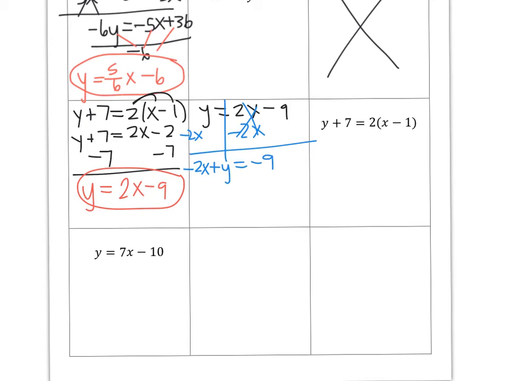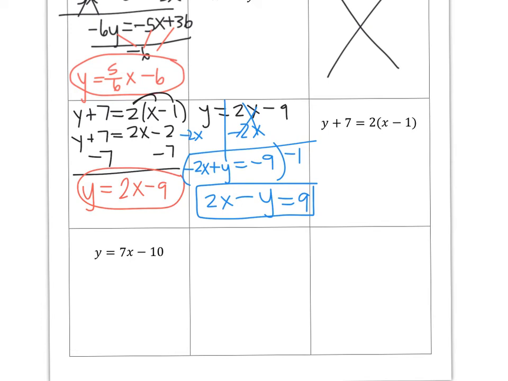This negative 2 must be positive, so I'm going to multiply everything by a negative 1. So I get a positive 2x, I get a negative y, and then negative 9 times negative 1 is a positive 9. So that would be my standard form of this equation, right? And I have no fractions, no decimals, my first term's positive, so I've satisfied all the requirements for standard form.